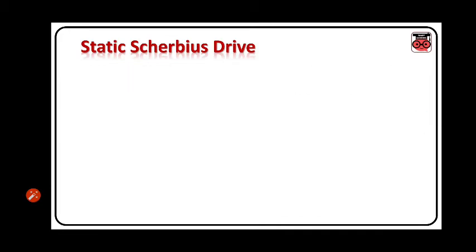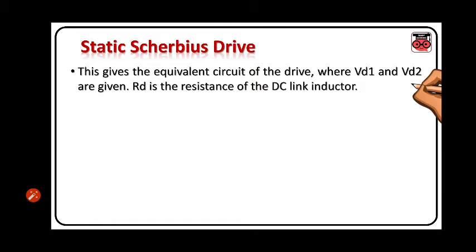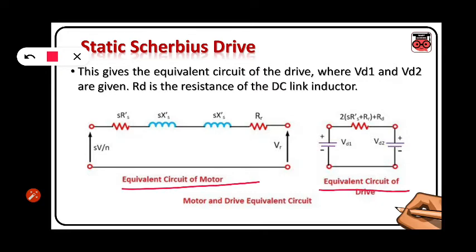This gives the equivalent circuit of the drive where Vd1 and Vd2 are given and Rd is the resistance of the DC link inductor. In this diagram, you can see all the components. This circuit diagram is the equivalent circuit of the motor and this diagram is the equivalent circuit of the drive. In that, you can see the resistive and reactive components and the total resistance of the drive.